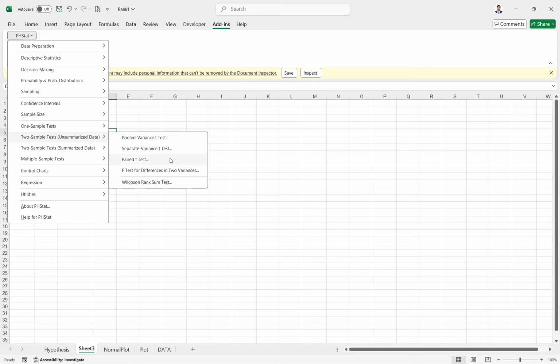Paired t-test means if the two columns which are given to us are in any way related to each other, that is paired t-test. Understood? Suppose, the same Lay's packet example: in the weight of the packet, you also consider the weight of potato chips along with the weight of the aluminum packet.